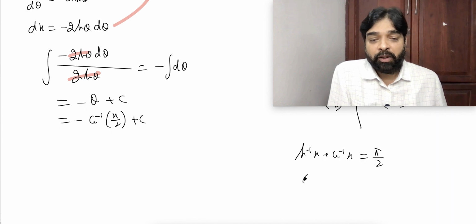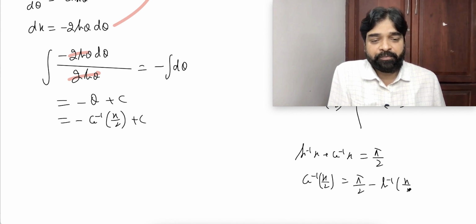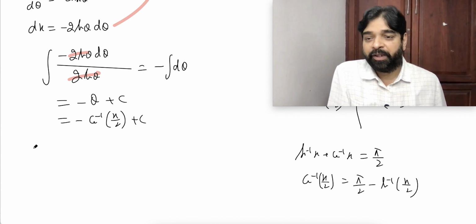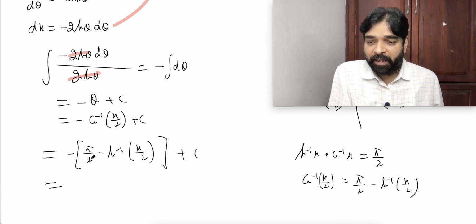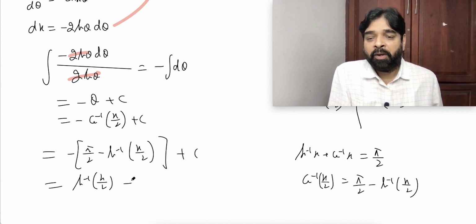Yes or no? So cos inverse x by 2, I can write as pi by 2 minus sin inverse x by 2. Put it there. You will get minus of pi by 2 minus sin inverse x by 2 plus c. You will get what? Minus pi by 2 plus sin inverse x by 2 plus c, so sin inverse x by 2 plus c minus pi by 2.